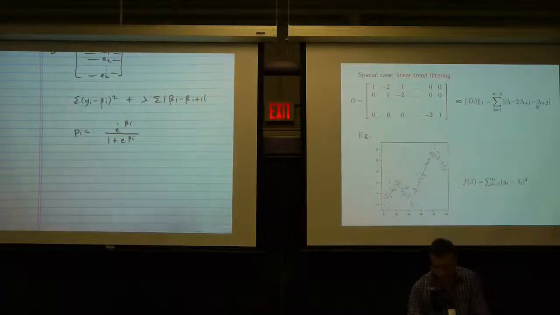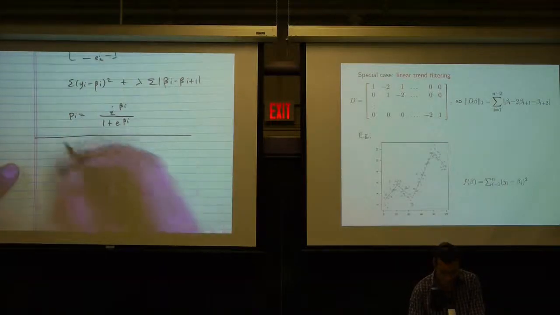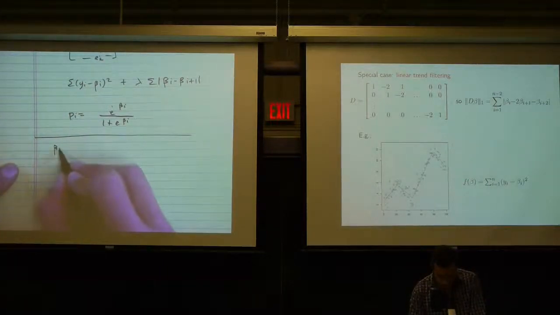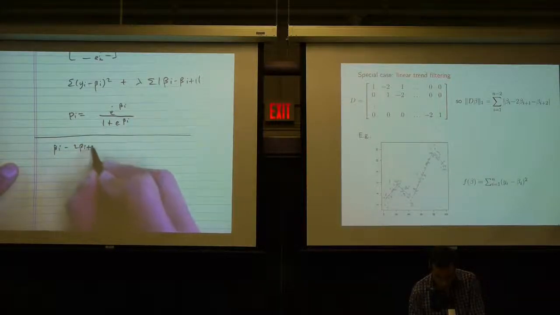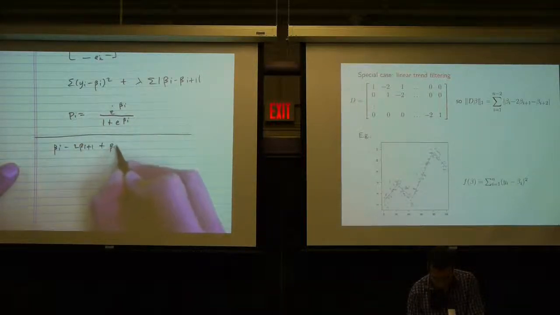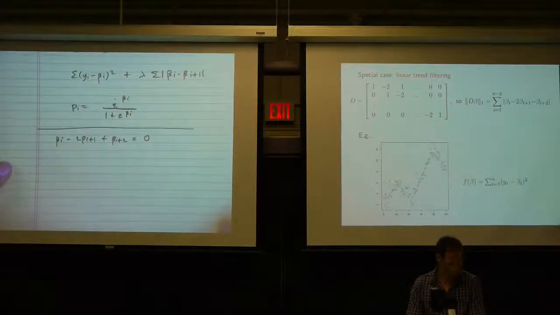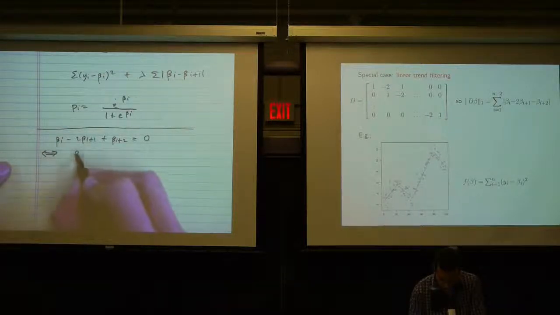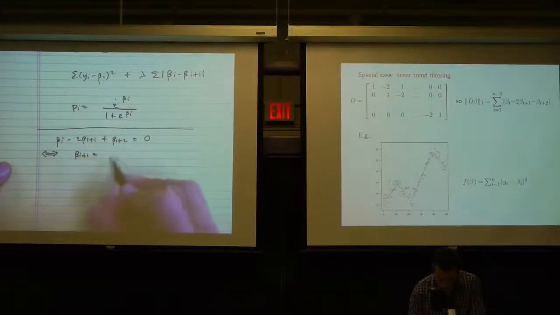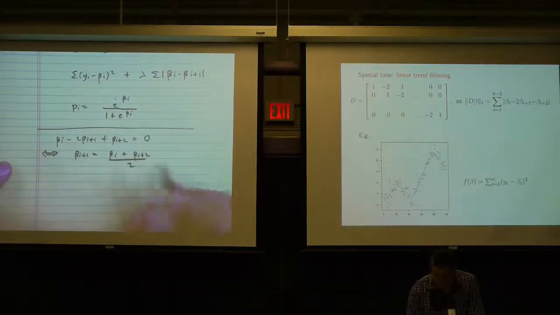And why does this give us piecewise linearity? Well, one way to look at that, which we did in the first lecture, is we said that the ith term in that sum is equal to 0 if and only if beta i plus 1 is equal to beta i plus beta i plus 2 over 2.